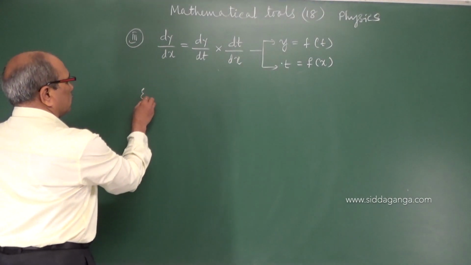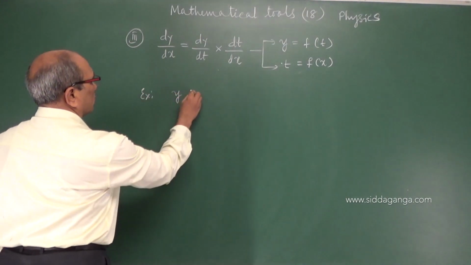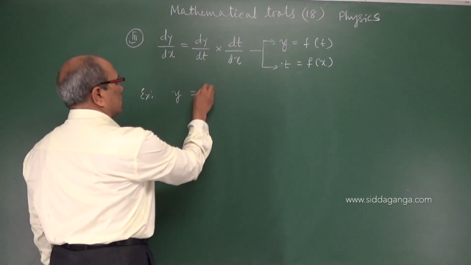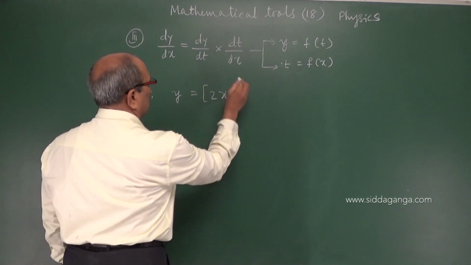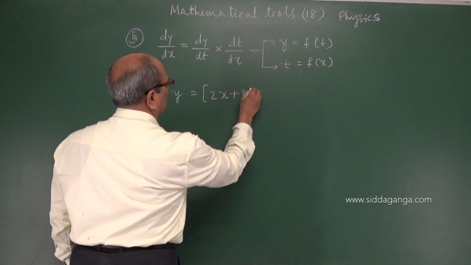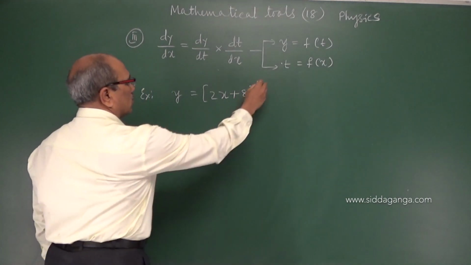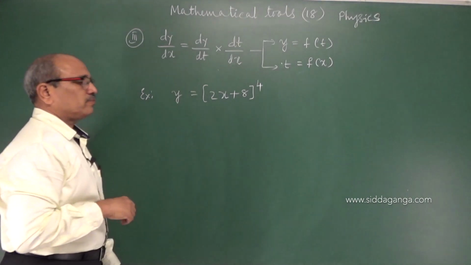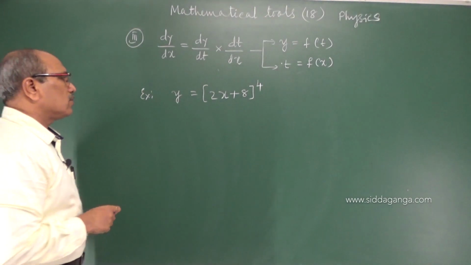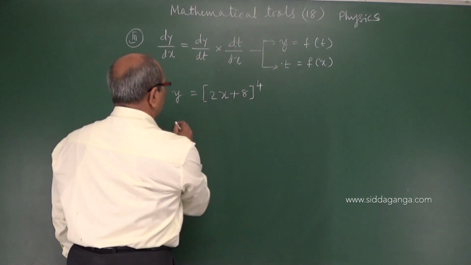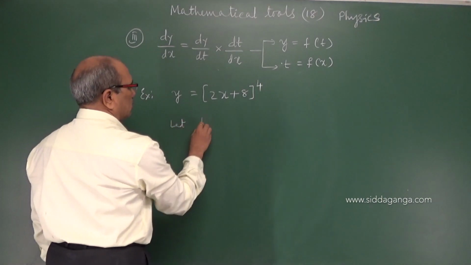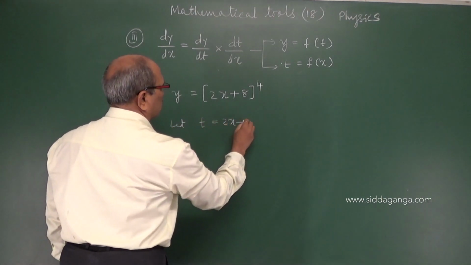So related to this, I give an example to you. Let us take y equal to 2x plus 8 the whole power 4 as an example. So I can write here, let us consider t equal to 2x plus 8.